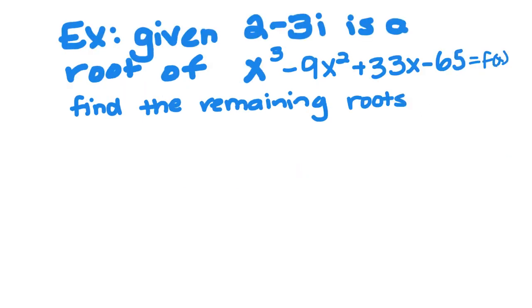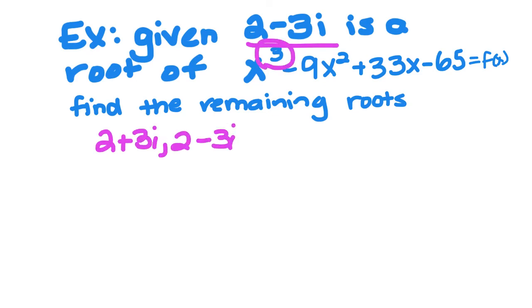So it says, given that 2 minus 3i is a root of x to the third minus 9x squared plus 33x minus 65 equals f of x, find the remaining roots. If 2 minus 3i is a root, then we also know that 2 plus 3i is a root. So we already have 2 of my 3, and I know there's 3 because the highest exponent is the third.